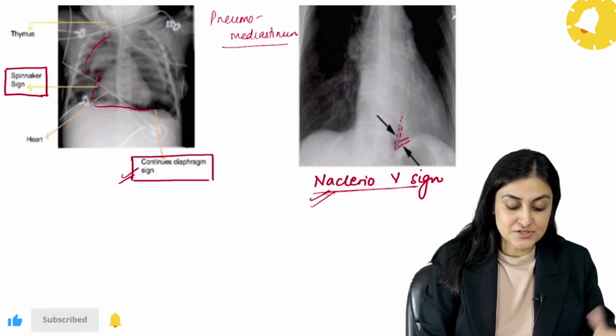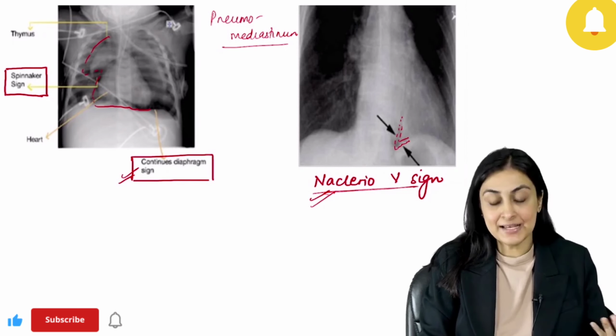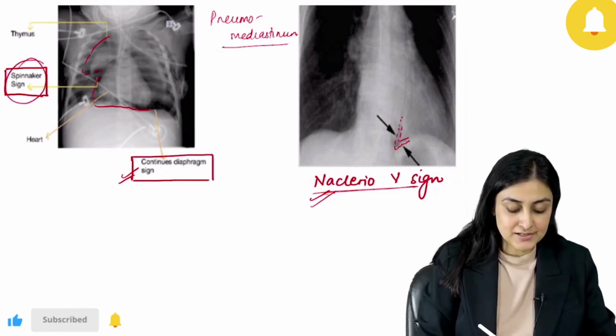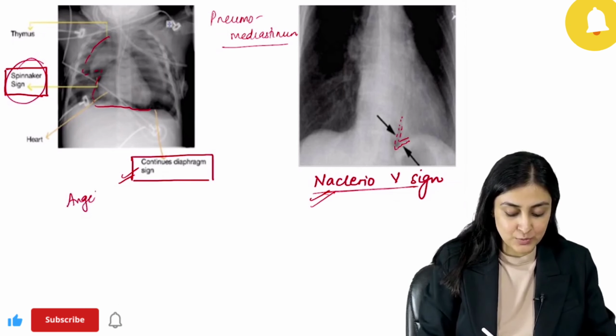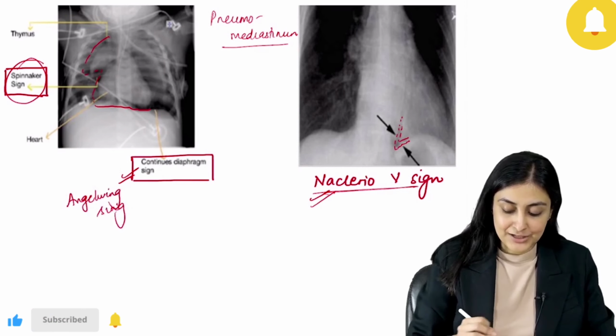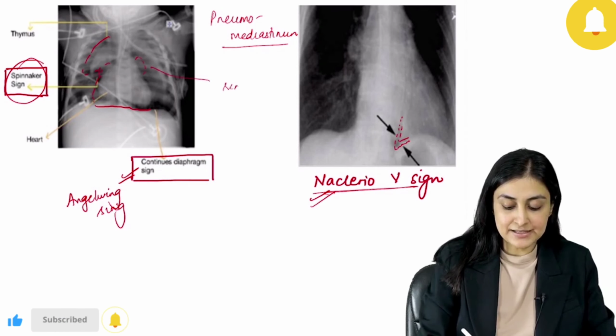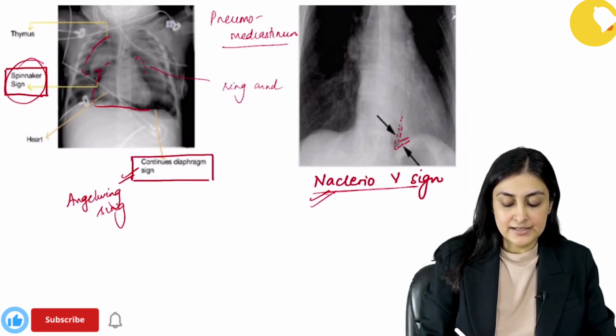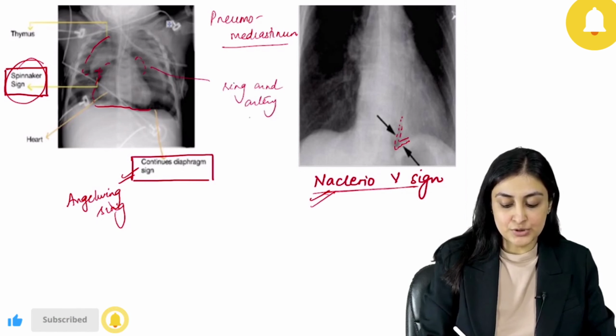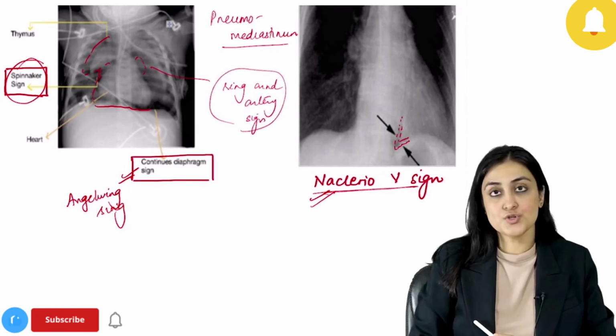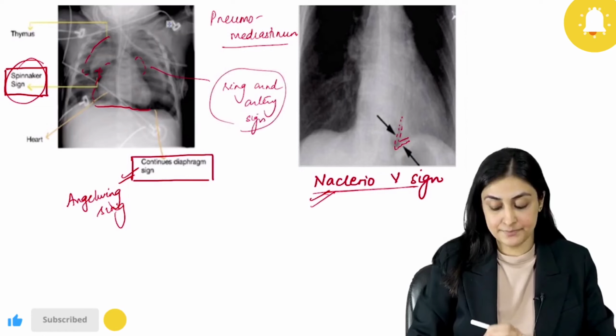You will have the thymus in children being outlined by air, which is called the spinnaker sail sign or the angel wing sign. Alright, apart from that, you can have vessels which get outlined by air, which is called as ring around the artery or ring around the bronchus sign, which is also seen with pneumomediastinum.